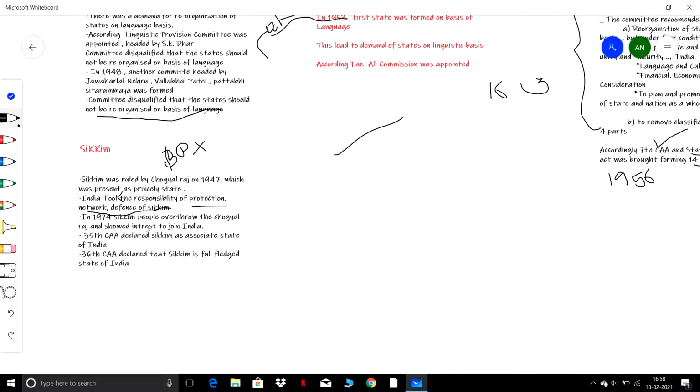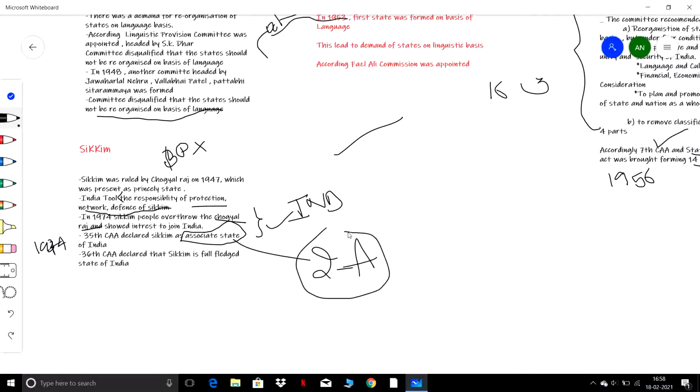In 1974, the Sikkim people overthrew the Chogyal rule, through a referendum you can call it, and Sikkim wished to join the Union of India. In 1974, the 35th Constitution Amendment Act was brought, where Sikkim was taken as an associate state by adding a new Article 2A.